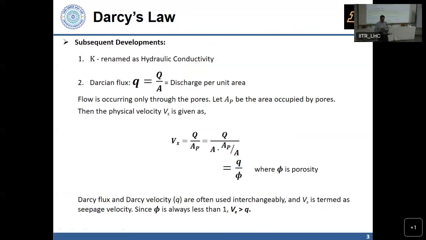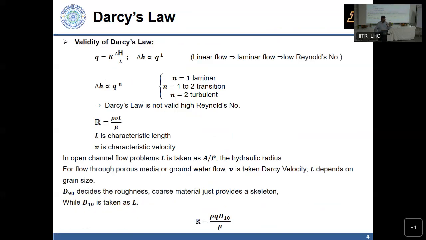Some definitions. Darcy's law, when we talk about typical groundwater flows, was expressed in this particular form. This is expressing the head loss that the water is experiencing as it moves through the porous media because of friction through the pores.